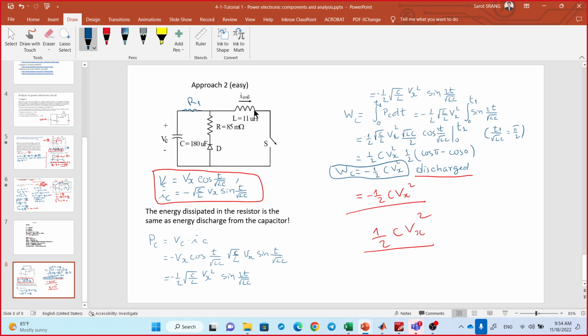Okay, so in this case you cannot say the energy stored in here is the same as here, right? Because you already dissipated some part of the energy here. So this one is not so easy to think about using the top-down approach. Okay.